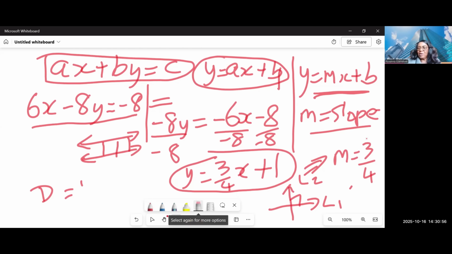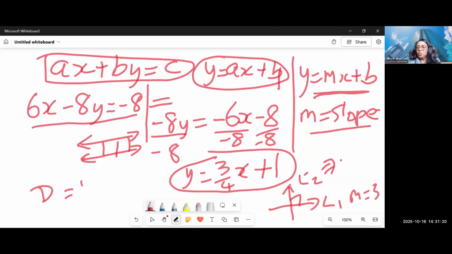If the slope of line 1 is m equal to 3, then the slope of line 2 will be the negative reciprocal of 3.